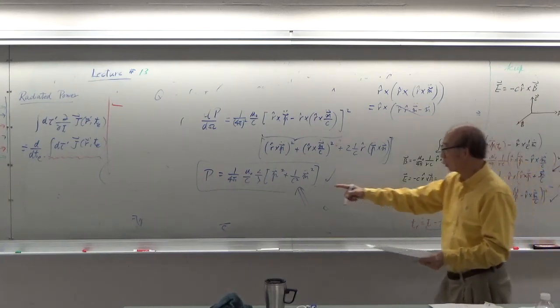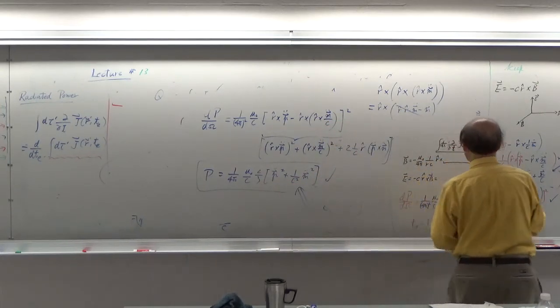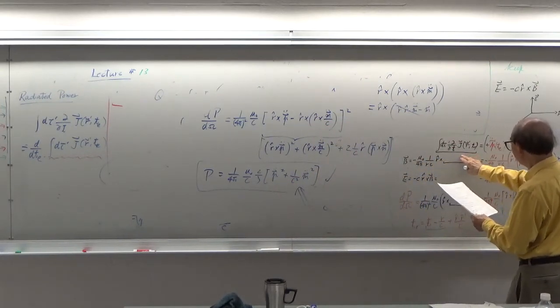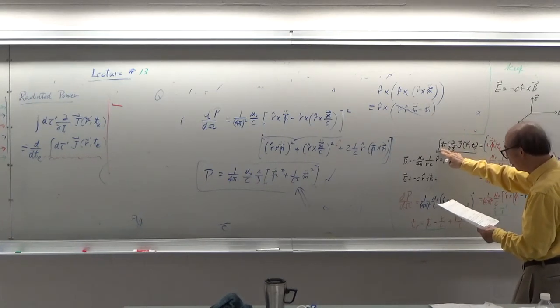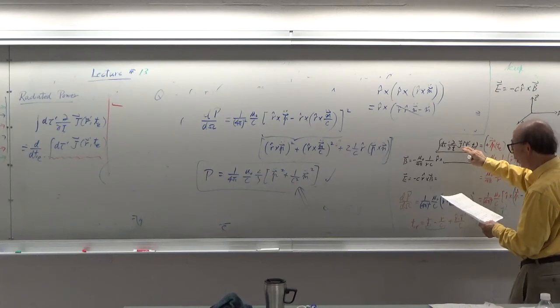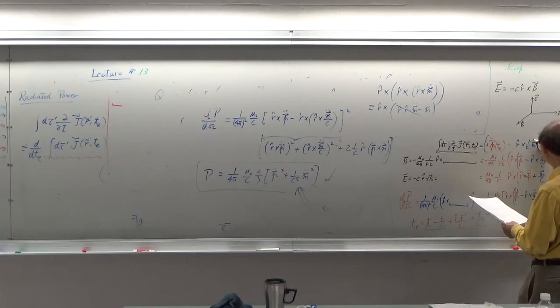And the total power of radiation is given by this. And this is important: the integral of the derivative of the current is given by this term and this term, both involving the double time derivative.